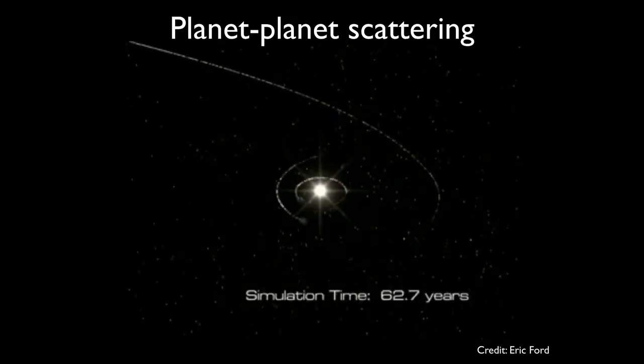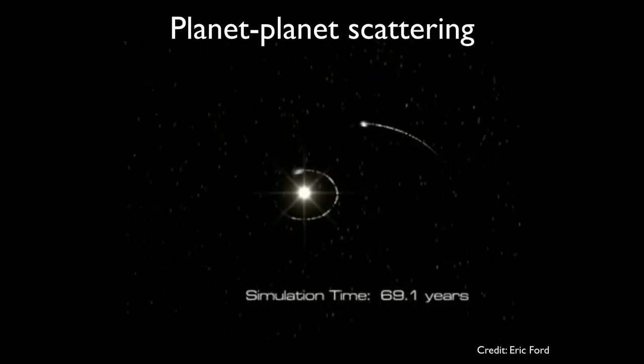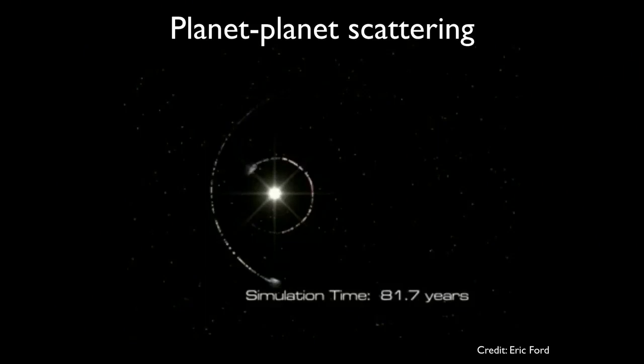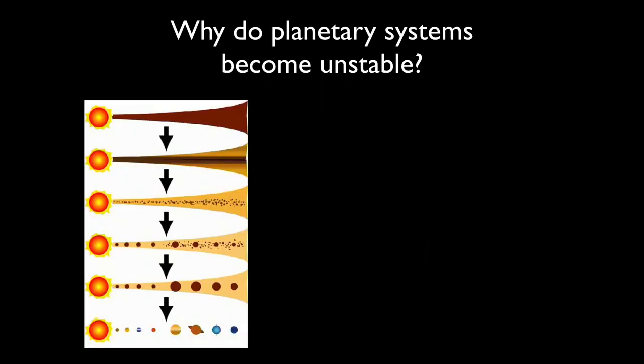Now, you might ask, why should systems go unstable? That seems really weird. And here's a little cartoon that I made of why they might go unstable, just with simple arguments. And so here's the idea.